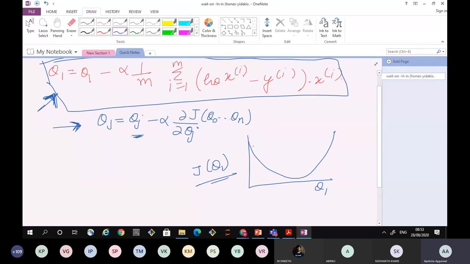Now, if I am over here and I move in this direction, then theta 1 is getting added. You can see that theta 1 plus something, I'll reach over here, then theta 1 plus something, I'll reach over here, and so on. But if I am at this location, my starting point is this.